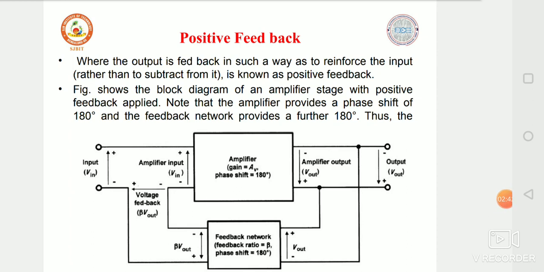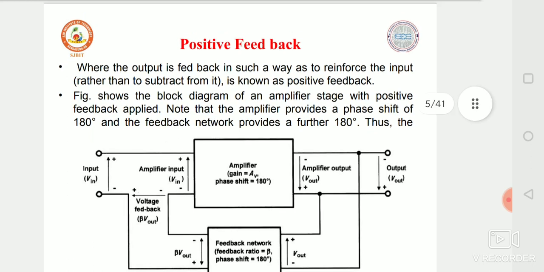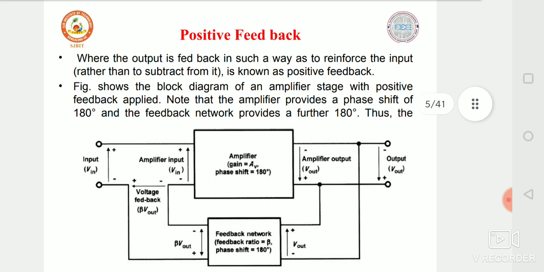When the output is fed back in such a way that it is in phase with the input, we call that positive feedback. If the output is out of phase with the input, we say that is negative feedback. So positive feedback is used in oscillators.